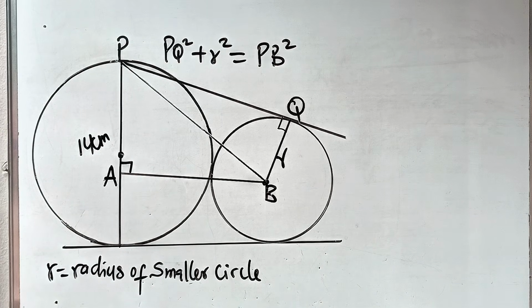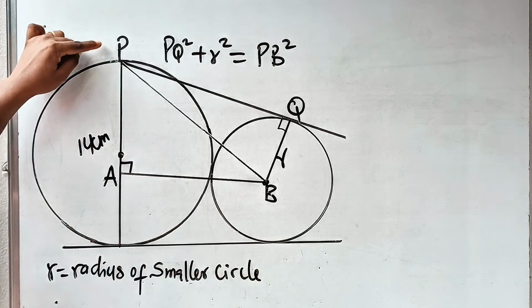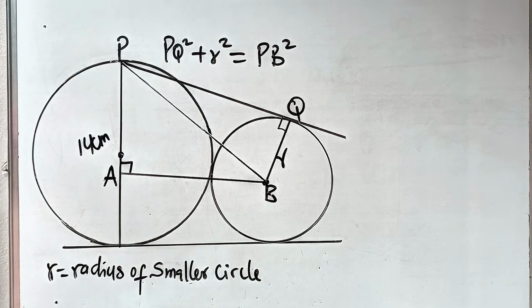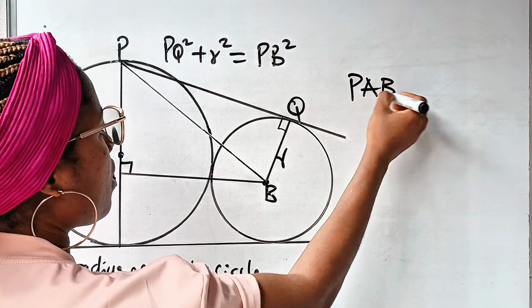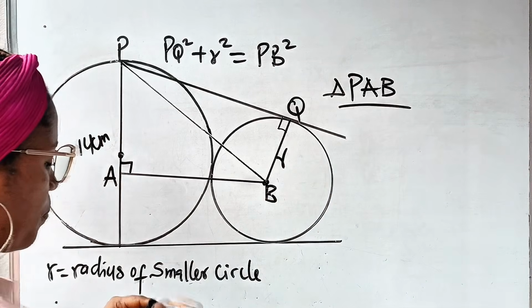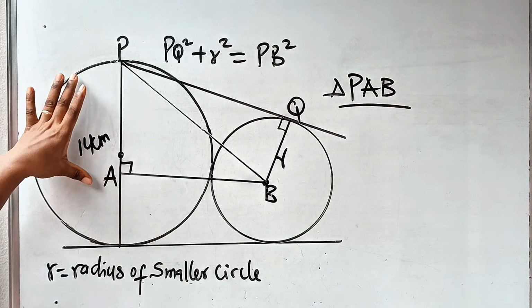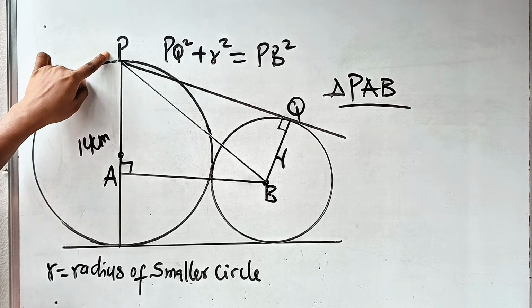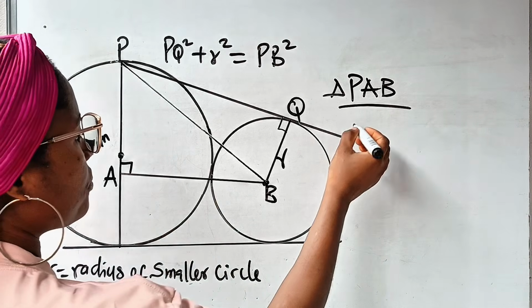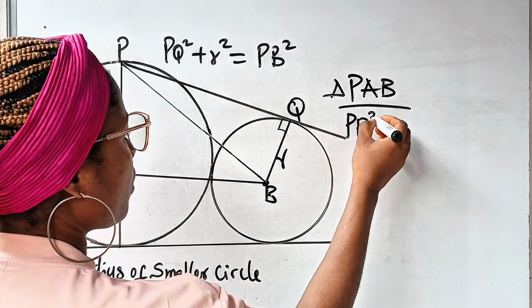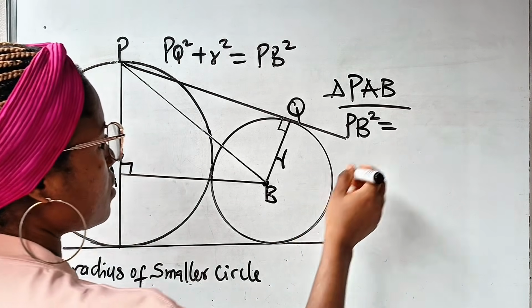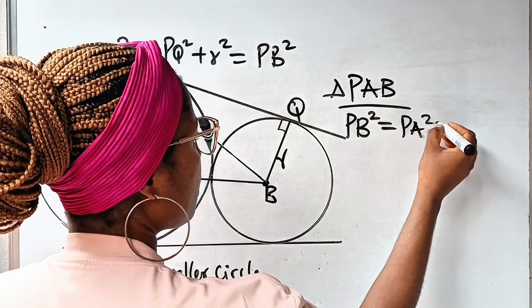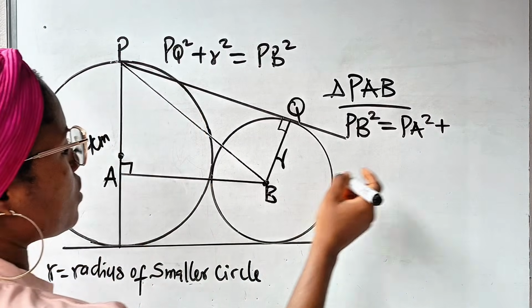Now looking at this, we have another triangle, PAB. Using the Pythagorean theorem as well, we are going to have that PB squared is equal to PA squared plus AB squared.